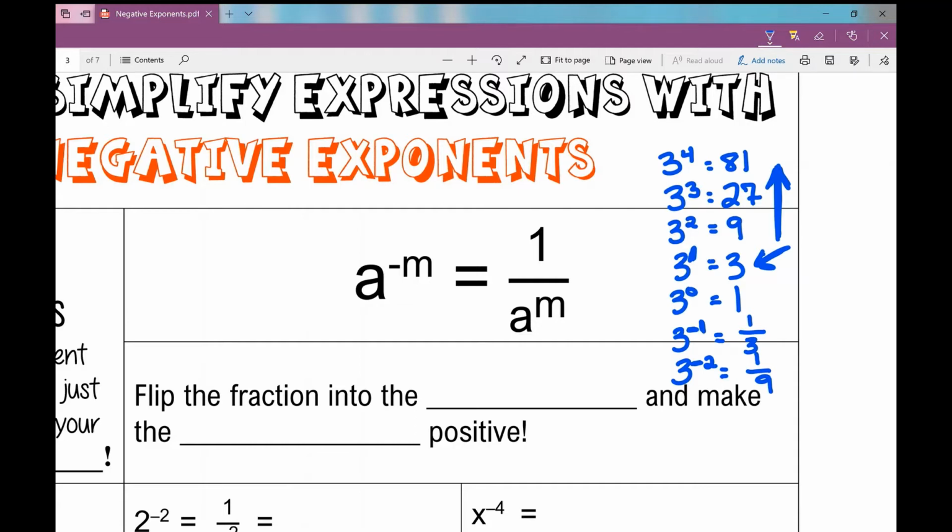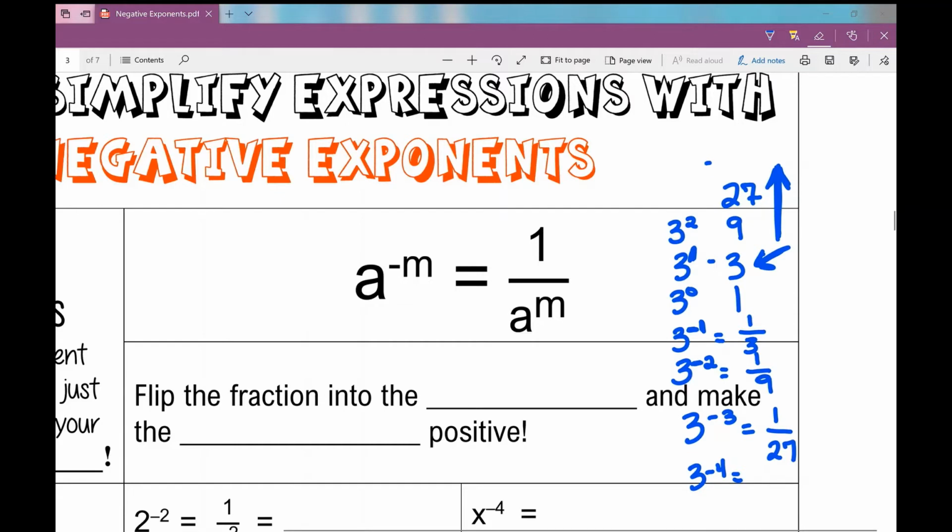You can think about it as repeated multiplication and repeated division. So 3 to the power of -3, what do you think that would be? 1 over 27. 3 to the power of -4, you got it, 1 over 81. Okay, let me erase all this and let's get started with our notes.